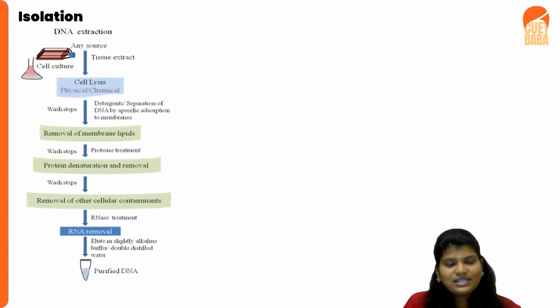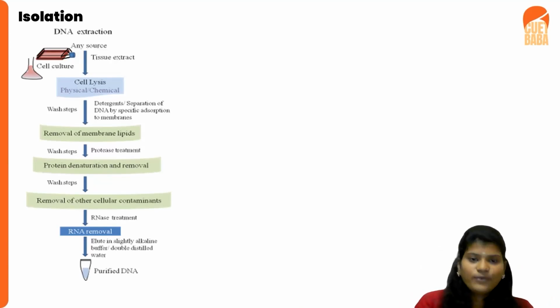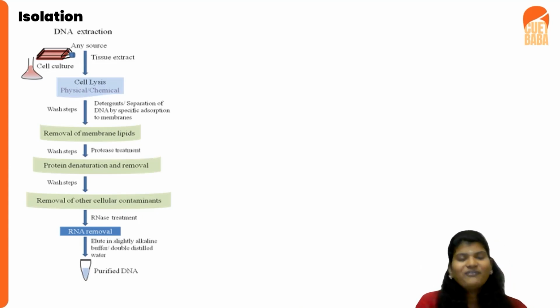So let us take a bacteria cell culture. The cell is extracted and the cell is lysed. When the cell breaks, it will release protein, DNA, and the RNA. It will release all the compounds into the environment. Now we have to treat the sample with protease because we need only DNA, right? So we need to remove the proteins. With the help of protease, the protein is removed.